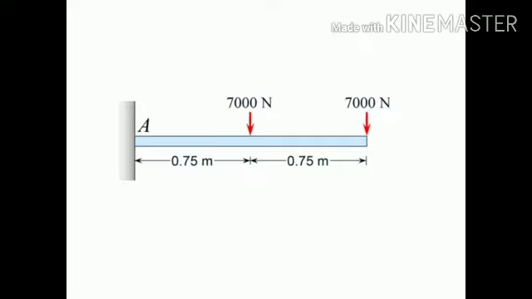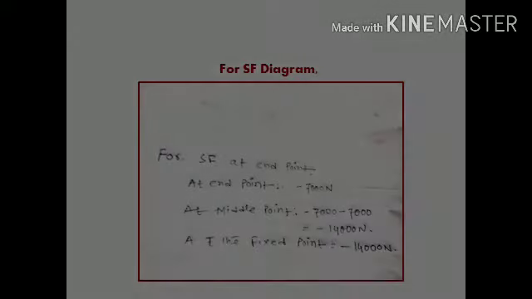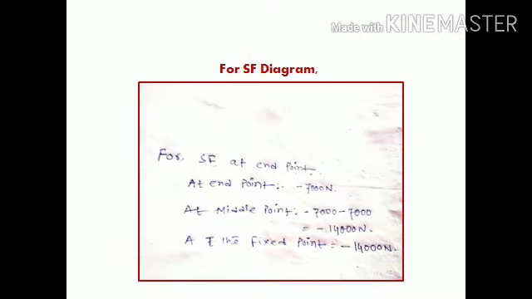So the SF at the end point is minus 7,000, at the middle point minus 14,000, and at the fixed point minus 14,000 Newton. This way we can find the SF at different points.